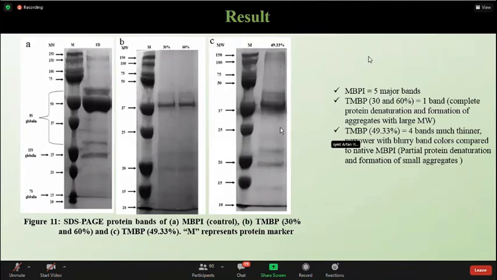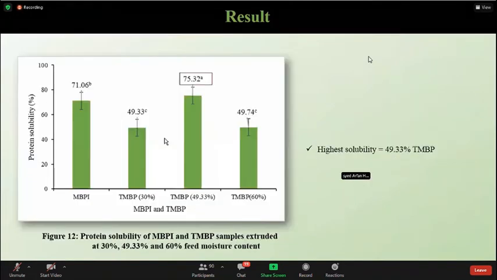And C is 49.3%. So this is the protein solubility of the product. If you look at this, the highest protein solubility is recorded at 49.74% moisture.